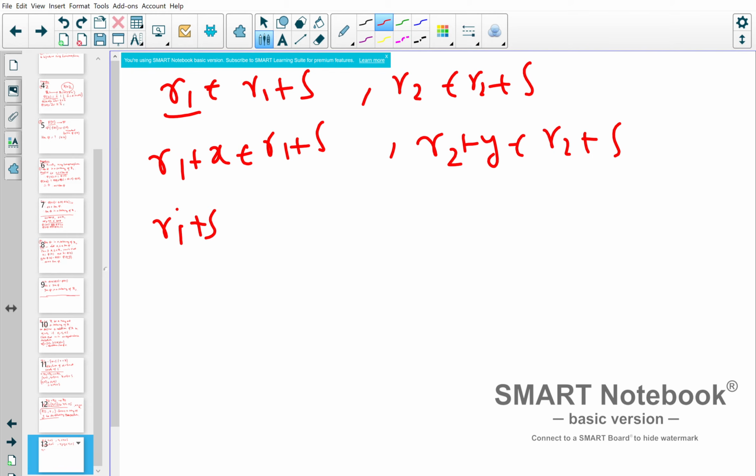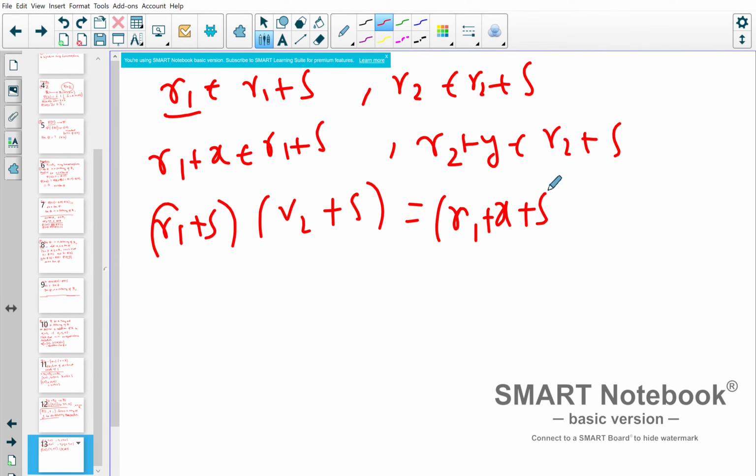R1 plus S times R2 plus S should be equal to this, because they are representatives. If this map is well defined, it should not depend on the representative, right?